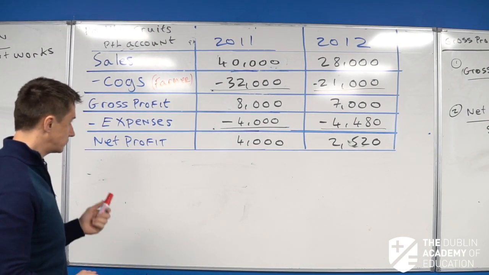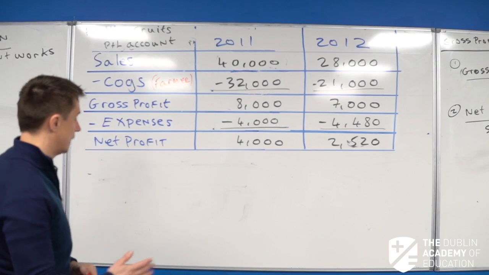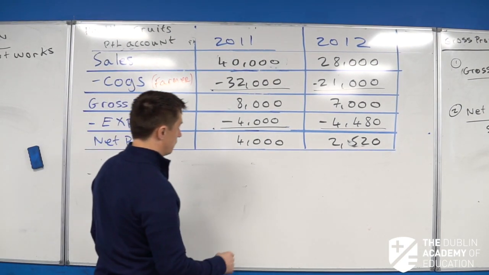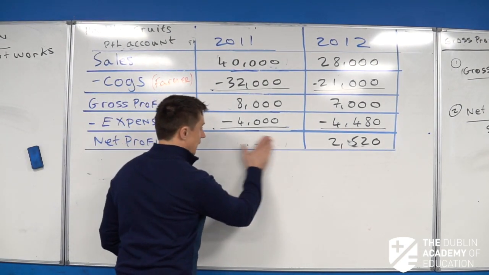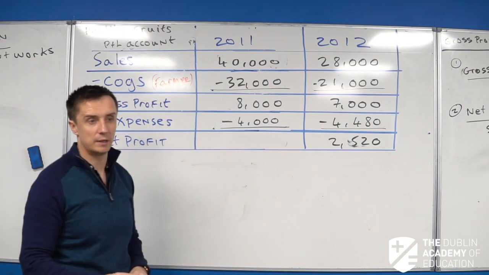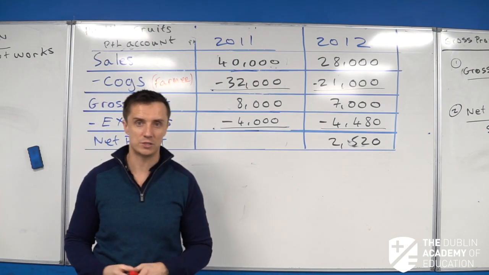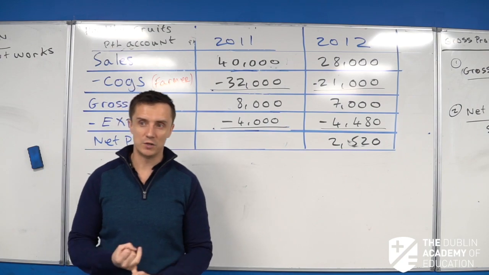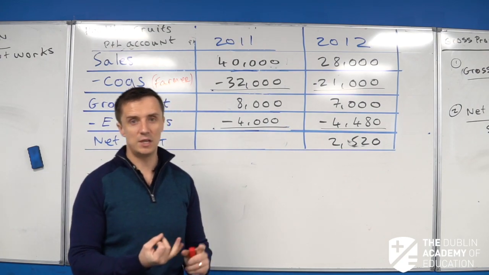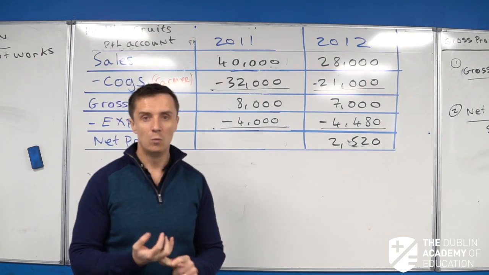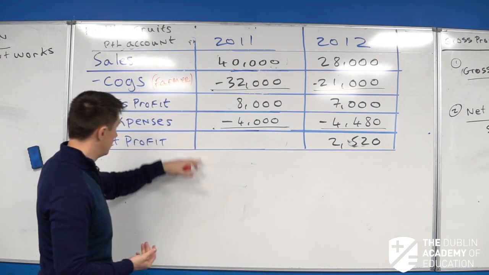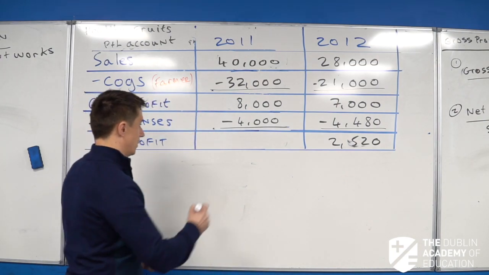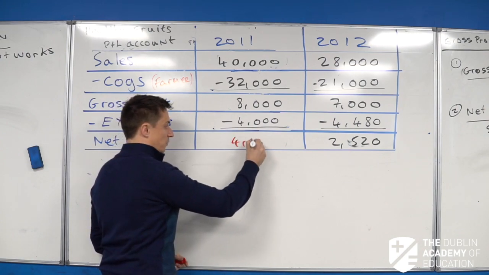So even if you're filling in the blanks, let's say they left that blank and you open up the leaving cert, like they did before in a couple of past questions. They said, right, the gross profit was 8,000, the expenses was 4,000, what was the net profit? And if you know the layout of the profit and loss account, you're able to say, right, take that off, that leaves me 4,000 here.